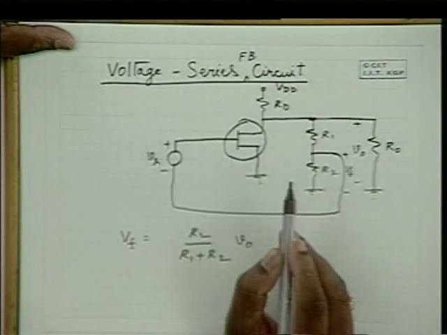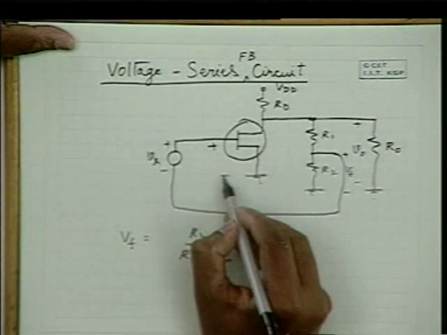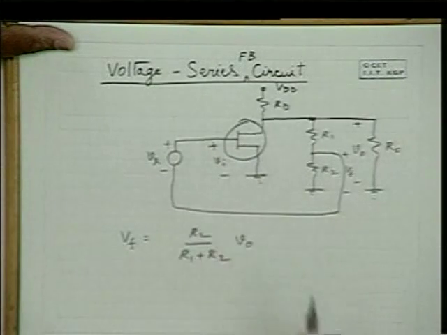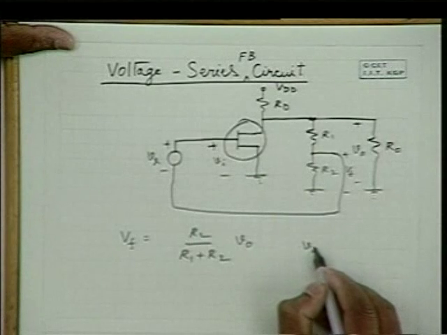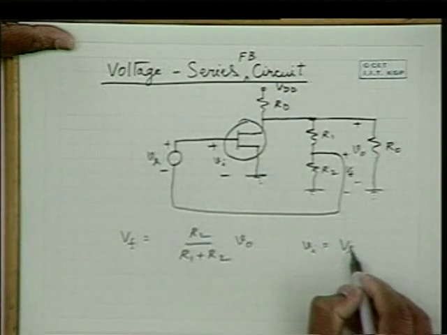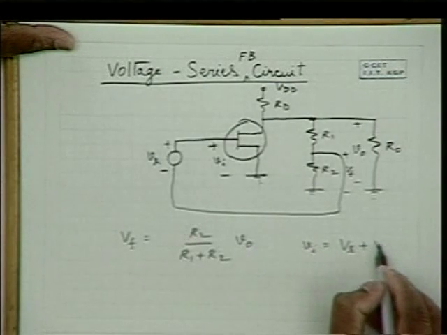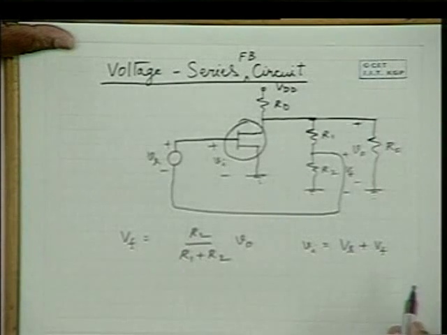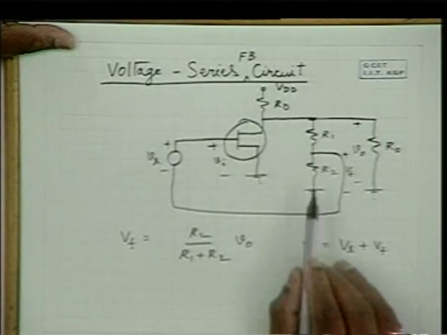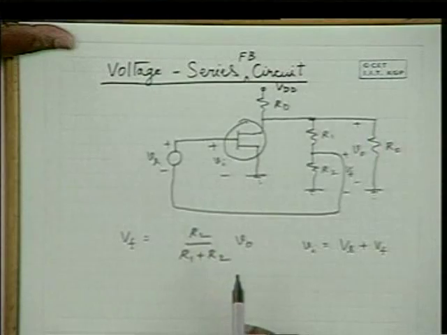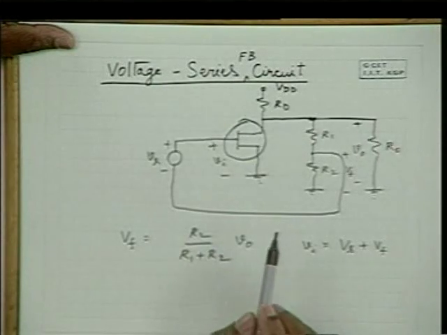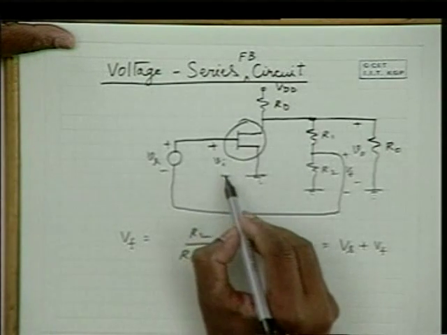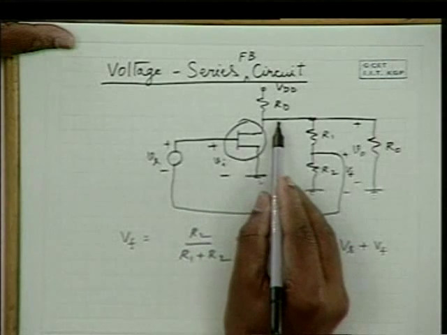Therefore, the Vi applied over here is Vi equals Vs plus Vf. So it may appear to you that it is positive feedback, but please note the relation between Vi and the output voltage.